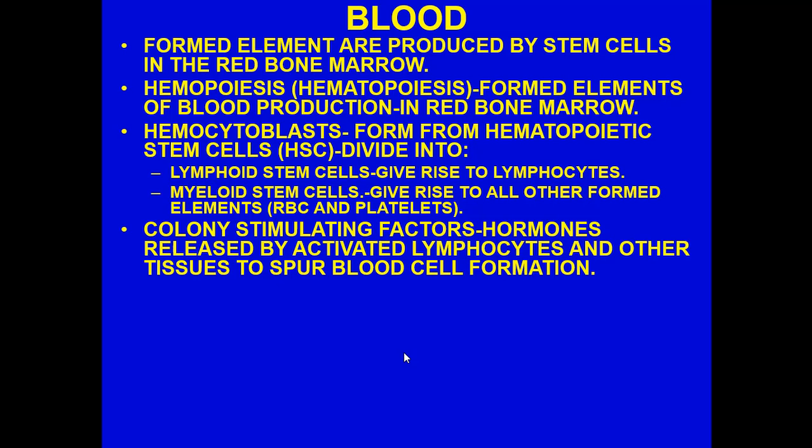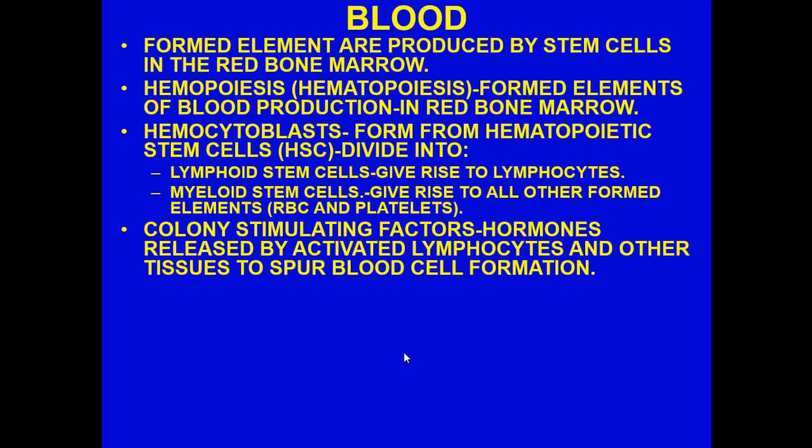That's a mouthful, yes, folks. HSC. These divide into several different fates, or destinies. The lymphoid stem cells give rise to lymphocytes. The myeloid stem cells give rise to all other formed elements, that is, red blood cells as well as platelets.